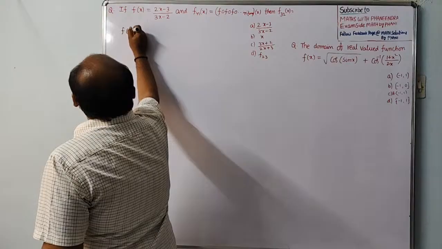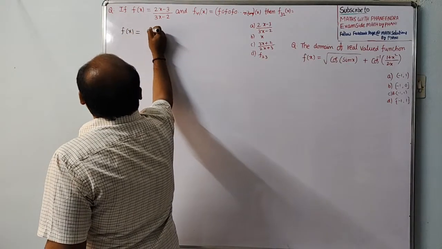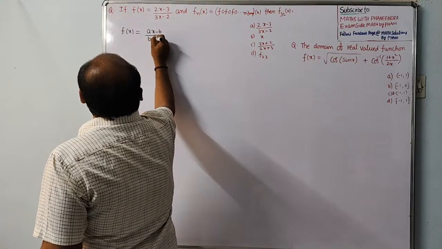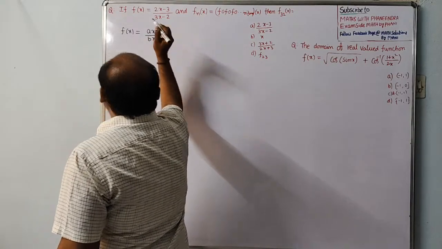f of x is equal to (ax minus b) divided by (bx minus a).